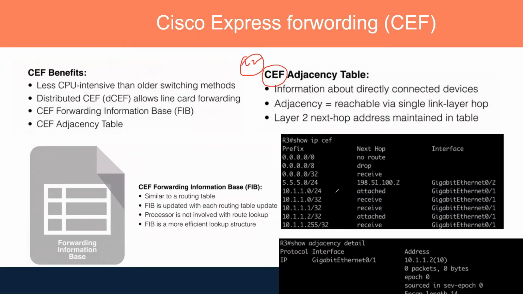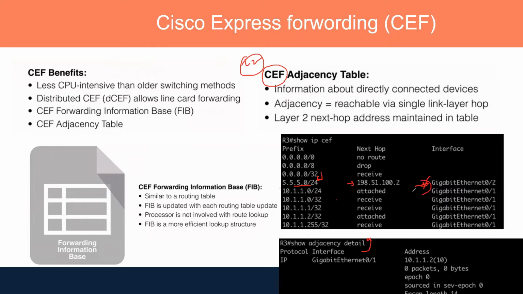It is sending the data based on the adjacency table and the FIB table, because it is going to know that this network has this next hop, and it is connected to this network. This is learned from this interface. So if any traffic is going to this destination, it is going to look into the FIB table, and based on the FIB table, it is going to send that packet to this interface.